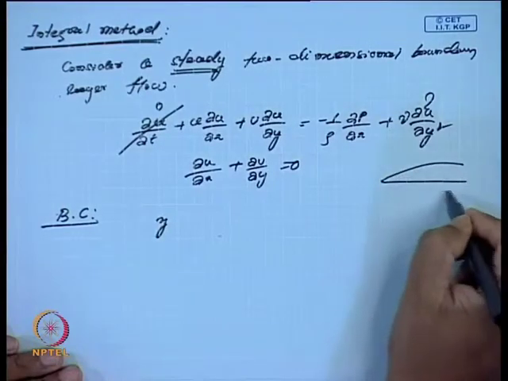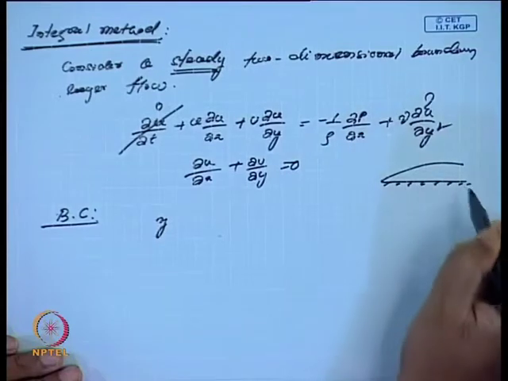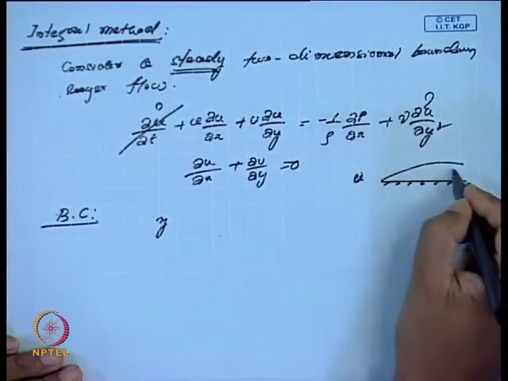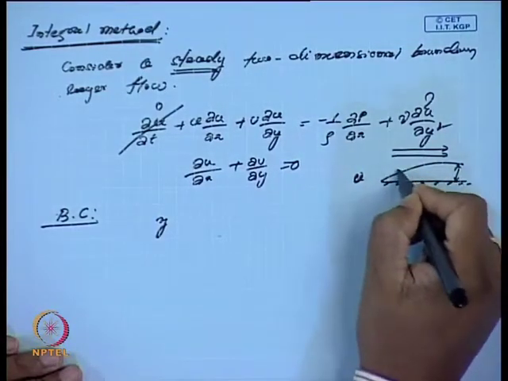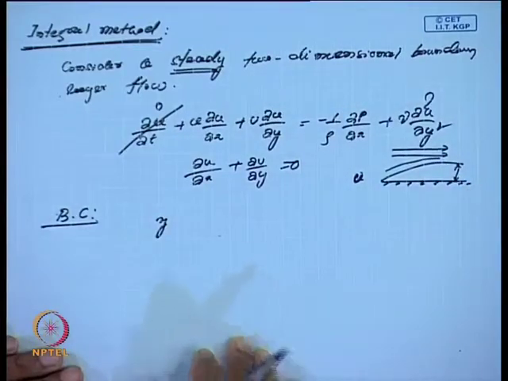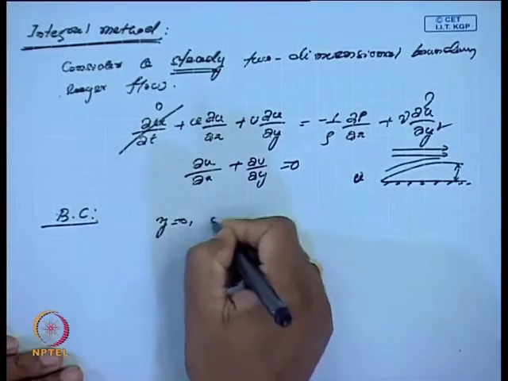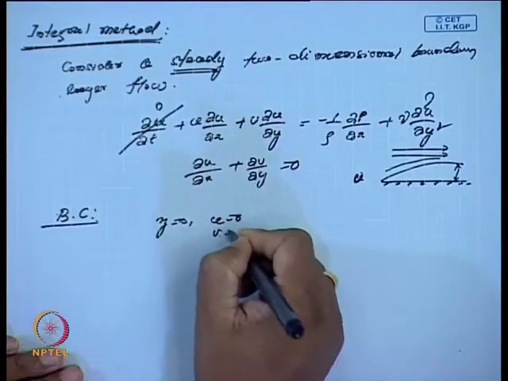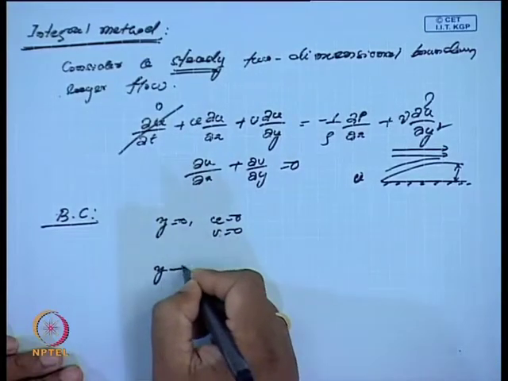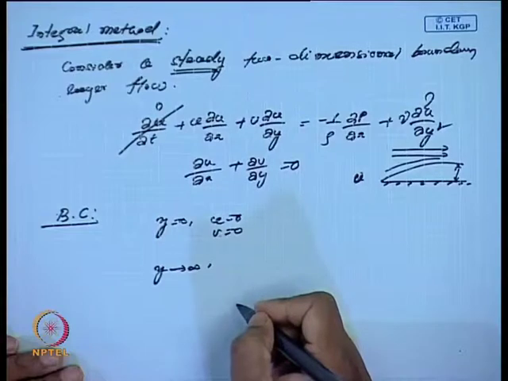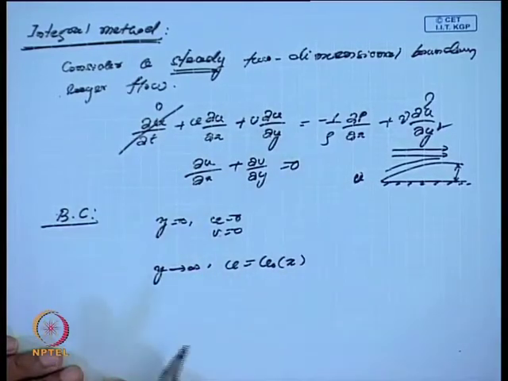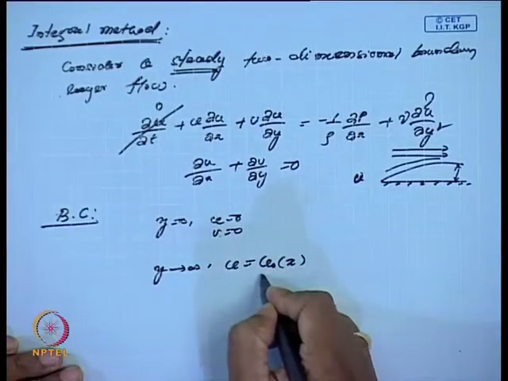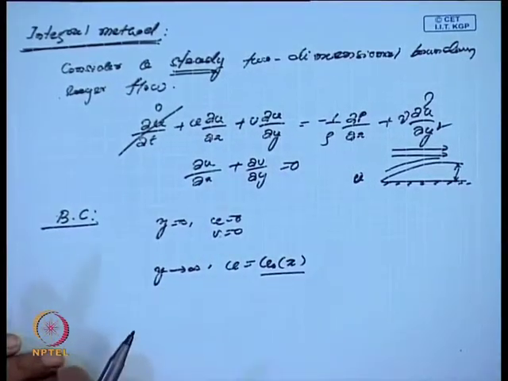Here at y is equal to 0, u is equal to 0, v is equal to 0, and as y tends to infinity, I say u is equal to u naught x. So, it is not a constant like the previous example in the case of the Blasius solution.